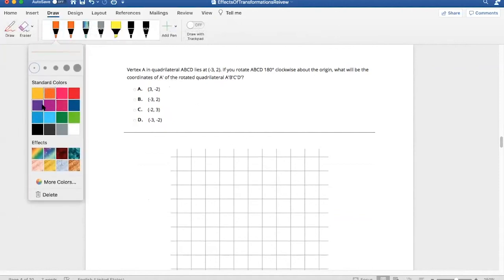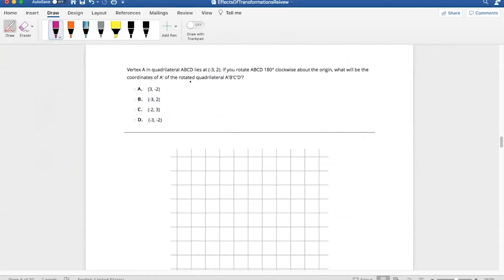All right, so again, since it's a rotation, I'm not going to do the graph. I really like using the rule, and I know that x, y is going to become -x, -y. And so it told you that A was at -3, 2.